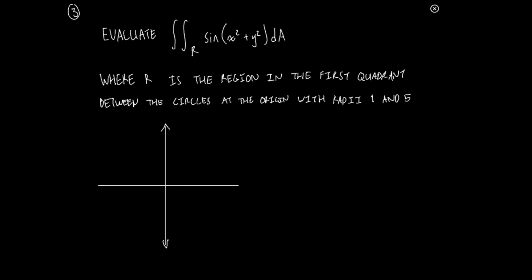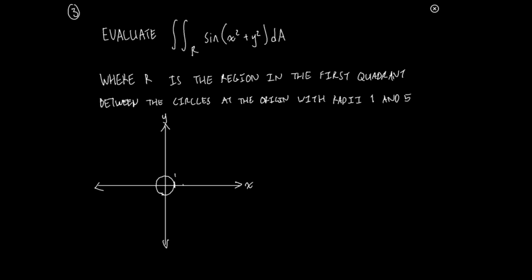What are they talking about when they say R? Okay, so I have my xy plane. There are two circles that are both centered at the origin, and they have radii of 1 and 5. So let's draw our smaller circle. It has a radius of 1, which means that it's intersecting at 1.